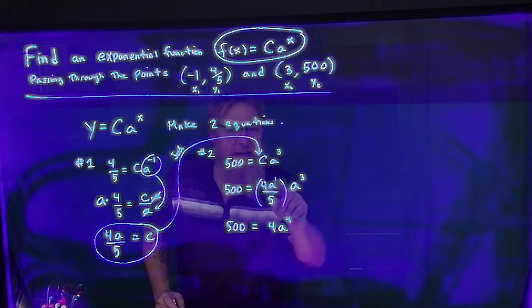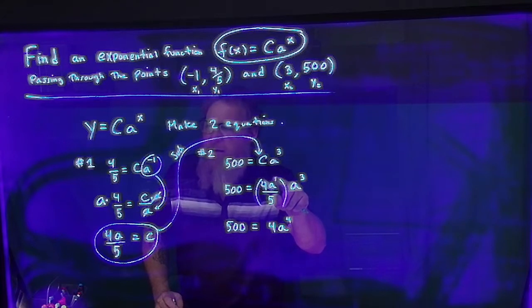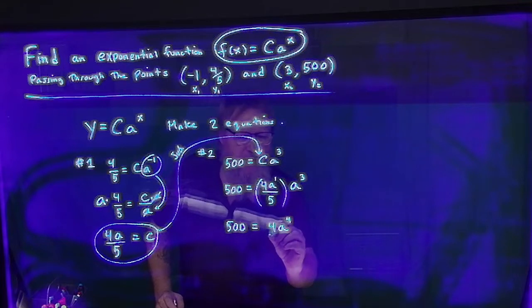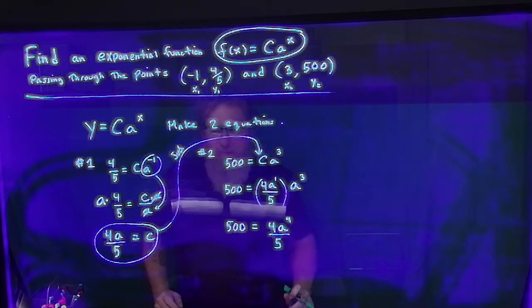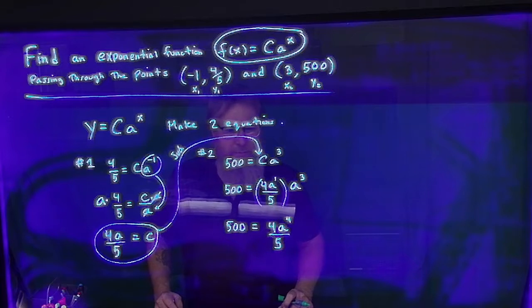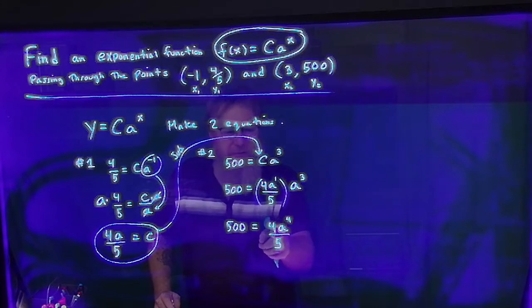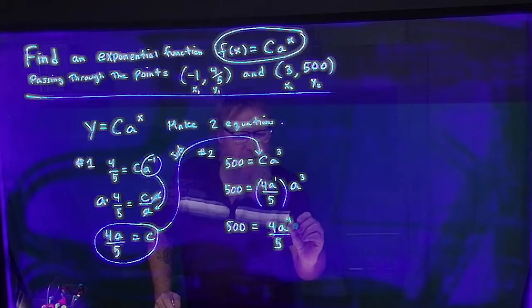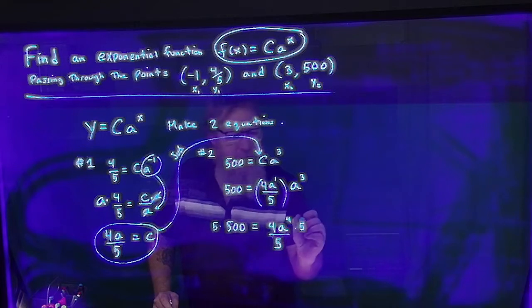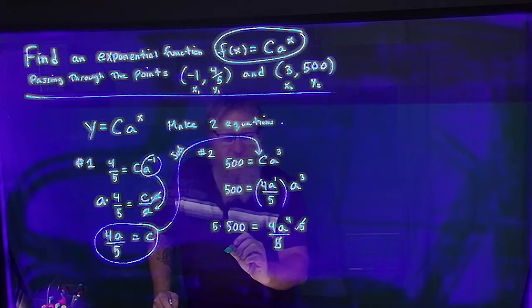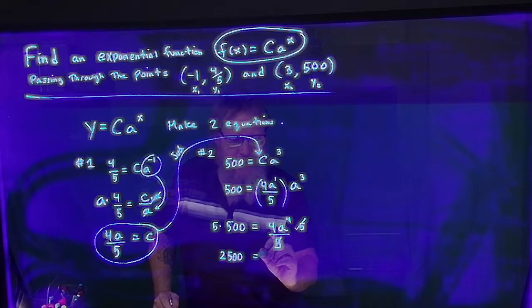Now, maybe it is nice to write that invisible 1, because it's 4A to the 4th. Now you're going to add the powers, over 5. Okay. And now you solve this for A. So we've got to get A by itself here. Let's multiply both sides by 5. So you get 2,500 equals 4A to the 4th.